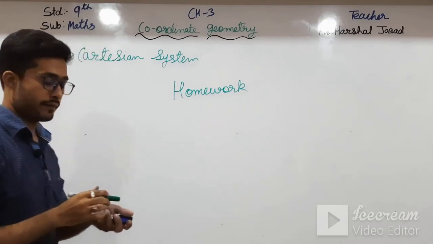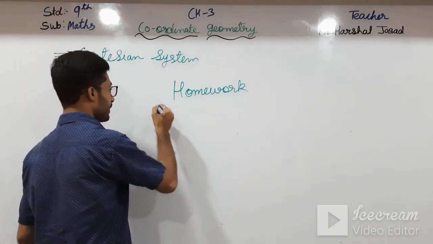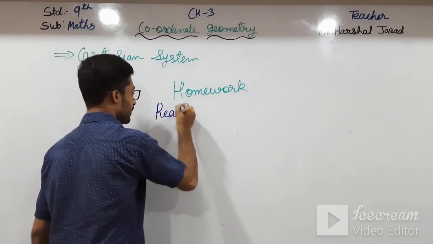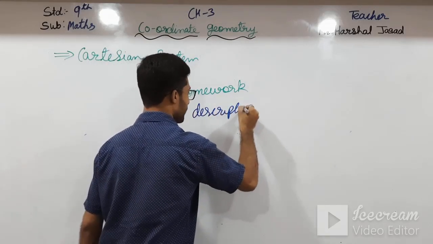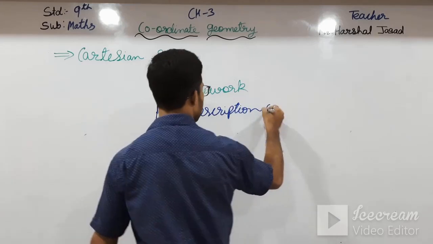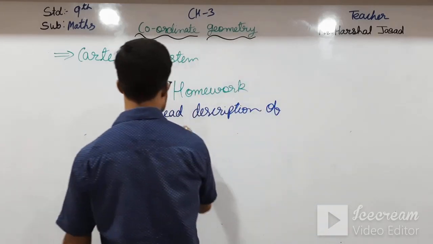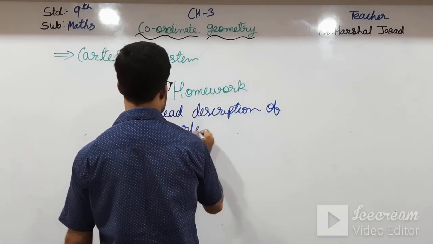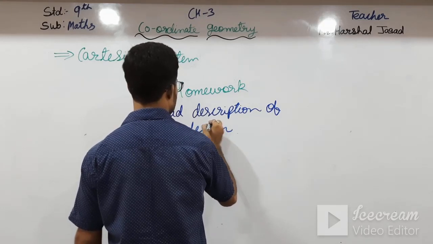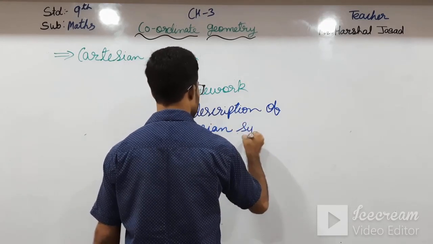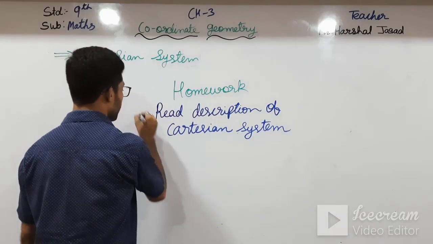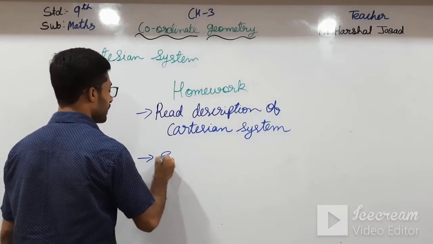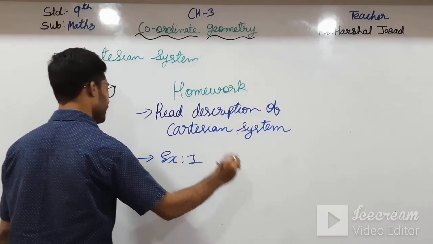Your homework is, you have to read all the description of Cartesian system and example number 1.